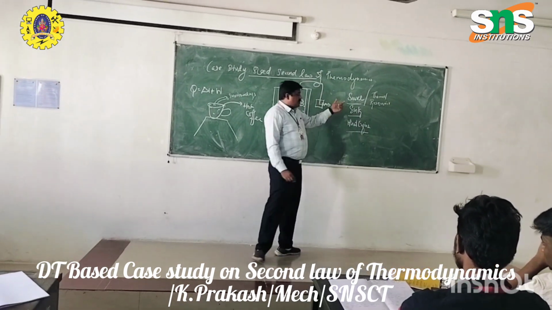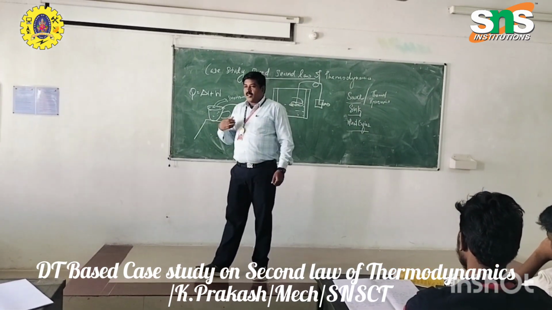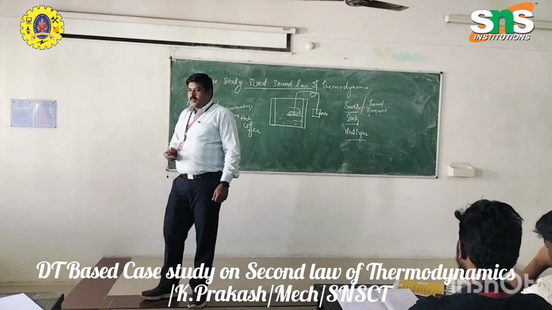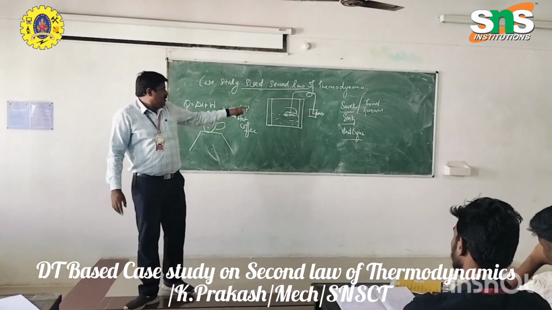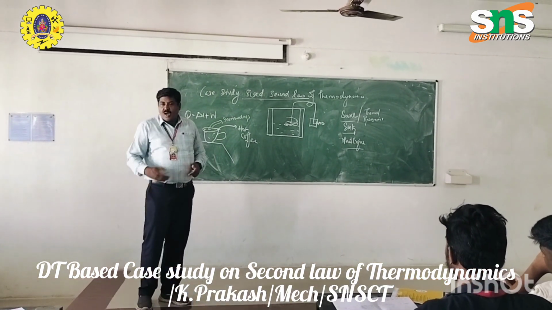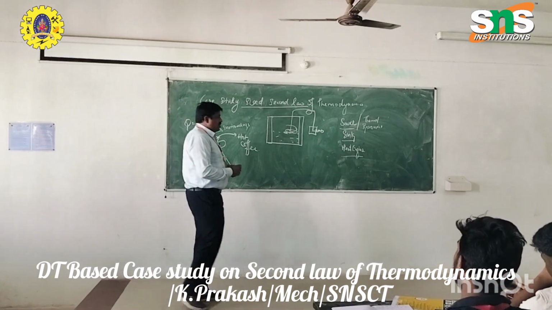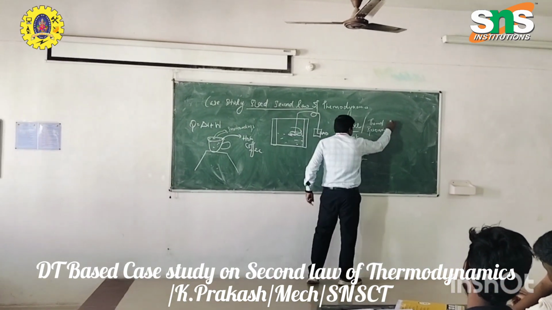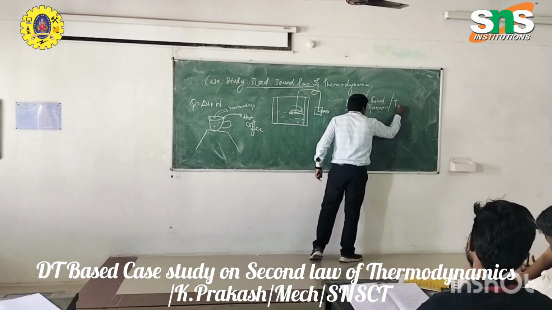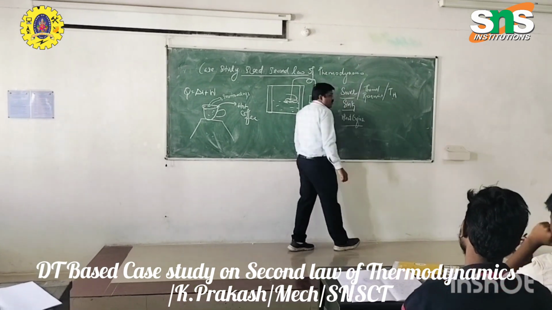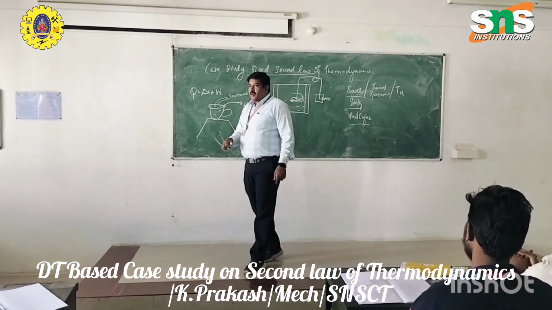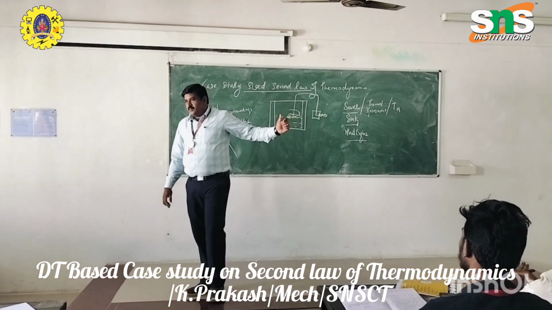The purpose of the source is that it continuously supplies heat to a system. Normally it supplies heat, so it is taken as a hot body, and the temperature of that hot body is given as T hot.